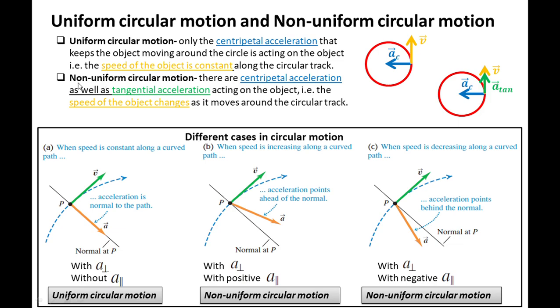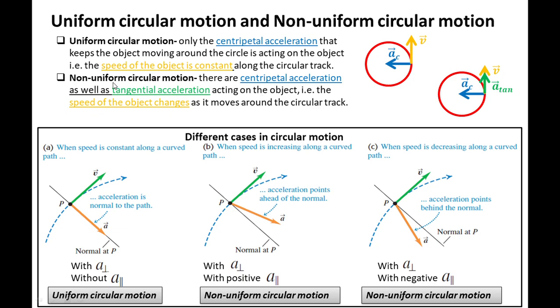Now, in the non-uniform circular motion, there are centripetal acceleration as well as tangential acceleration acting on the object. So in the non-uniform circular motion, both of the accelerations mentioned a while ago are present. Your object is moving in the circular path, and at the same time, its velocity is increasing because of the tangential acceleration, or its velocity is decreasing because of negative tangential acceleration.